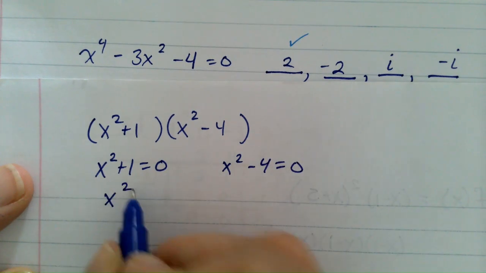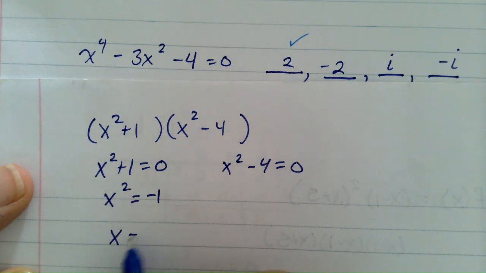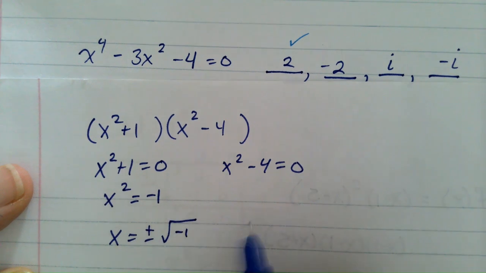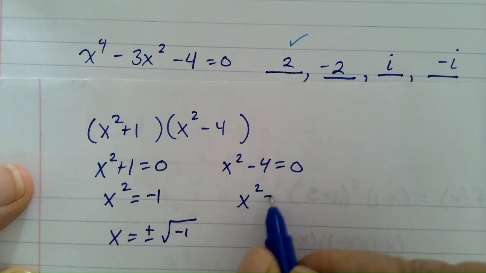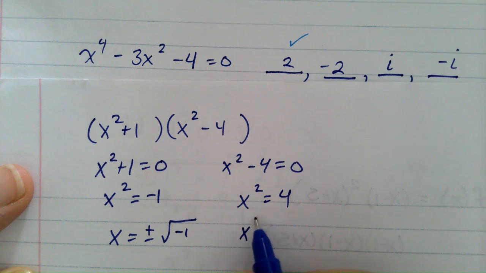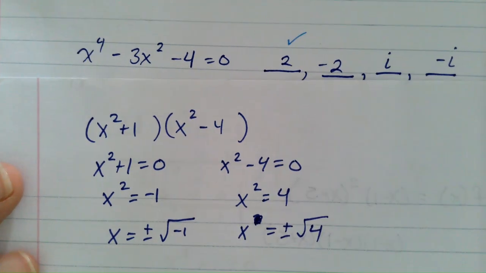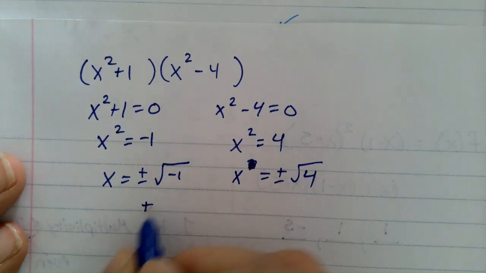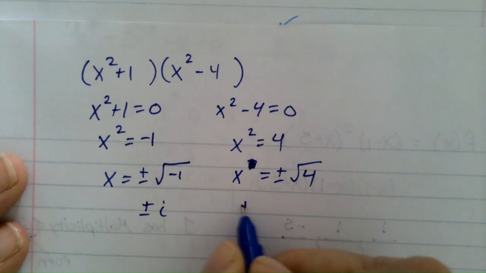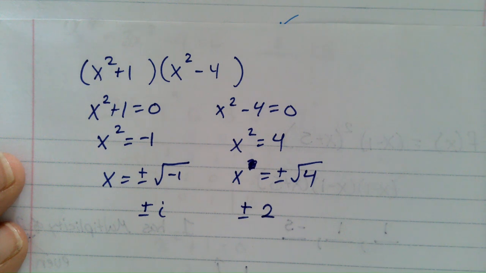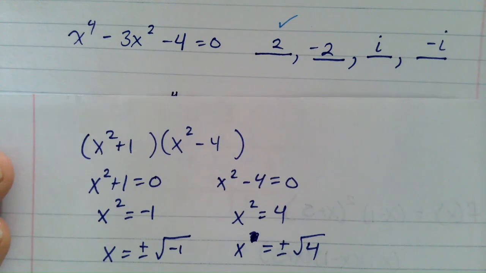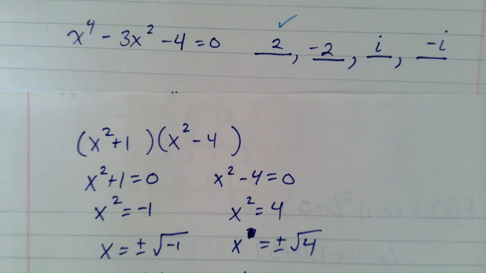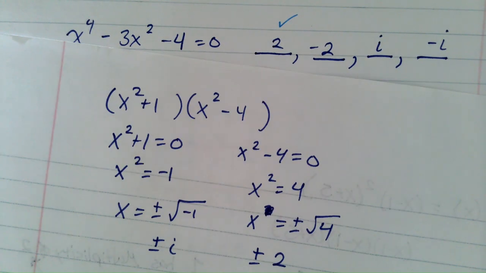Subtract 1, square root. Add 4, x would equal plus or minus the square root of 4. So here we'd have plus or minus i, and here we'd have plus or minus 2, which agrees with the 4 things we wrote down. But that would be assuming that you know that that factors.